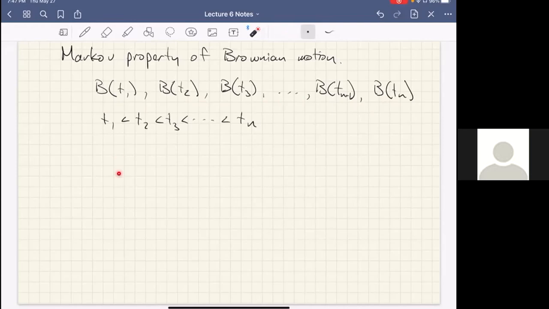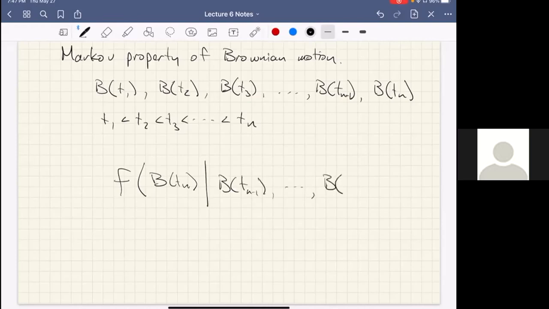In other words, I'm looking for the probability density function of B at Tn. So this is what I'm interested in, given all the points in the past: B Tn-1, and so on down to BT2, BT1.